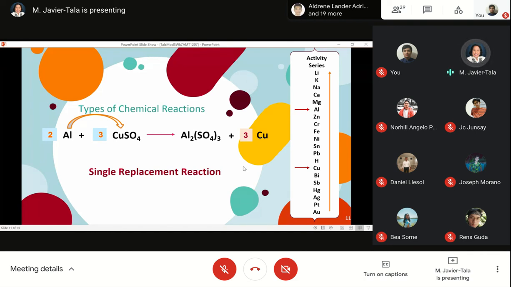Why single replacement reaction? Because you have an element and a compound, and since one of your cations is more active than the other cation, it will form another compound and the displaced element. So this is SRR, or single replacement reaction.